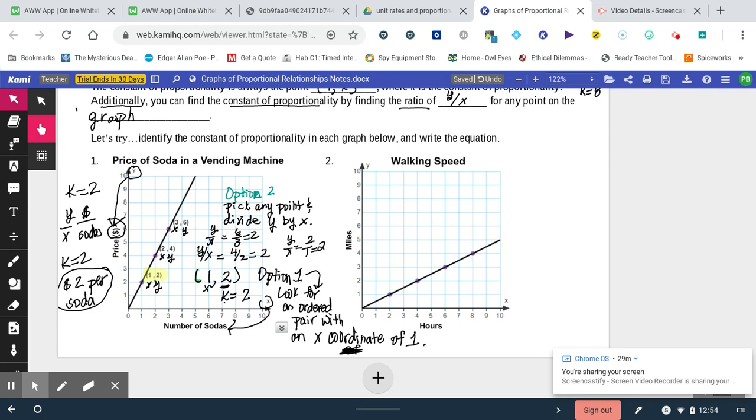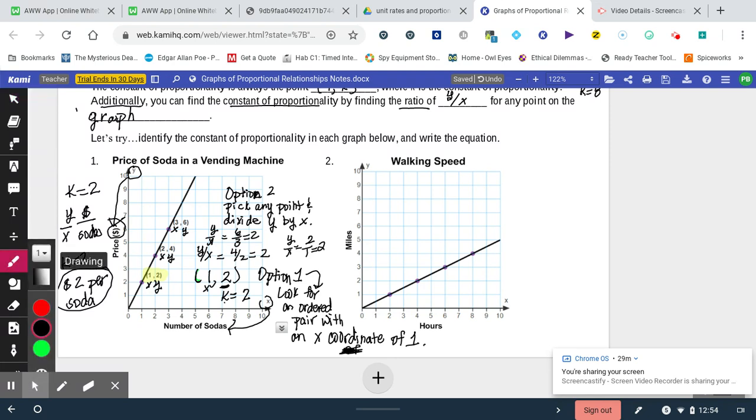That works for any point. You don't have to pick all of them, just pick one. All right, let's move on to this one. Walking speed. We're talking about walking speed. So I'm going to go ahead and write the units. I know the y value is talking about miles.